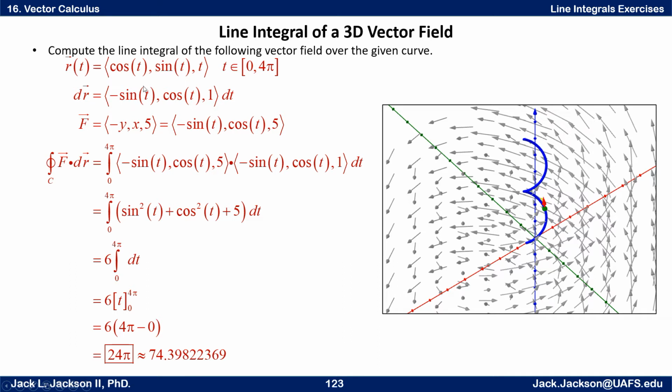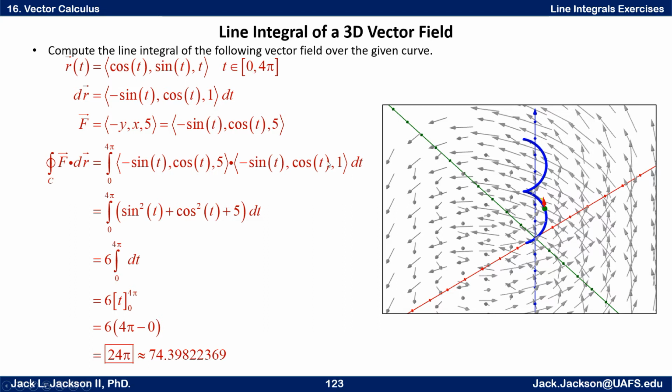Where the y is replaced by sine of t, and where the x is, that's replaced by cosine of t. And so there we have F as a function of t. So we just take this F vector function, dot product with this r prime, and then integrate with respect to t, where t goes from 0 to 4 pi.